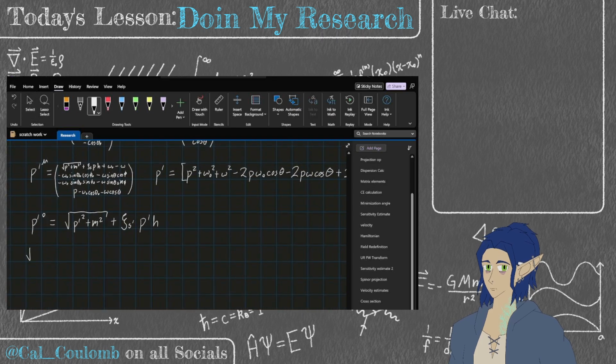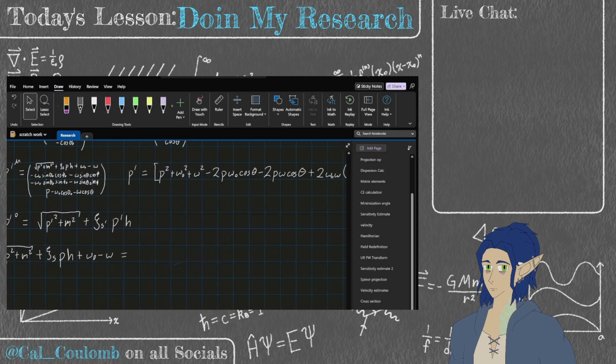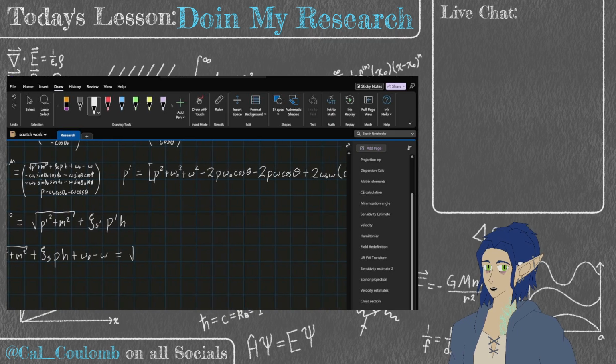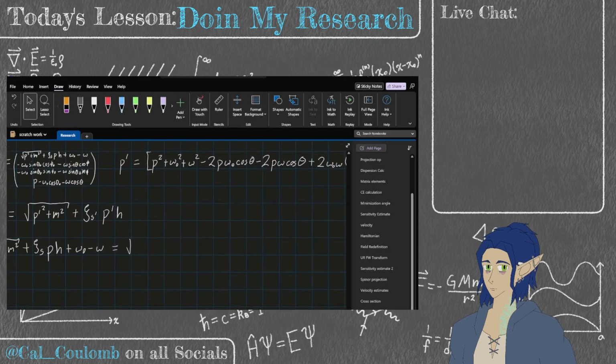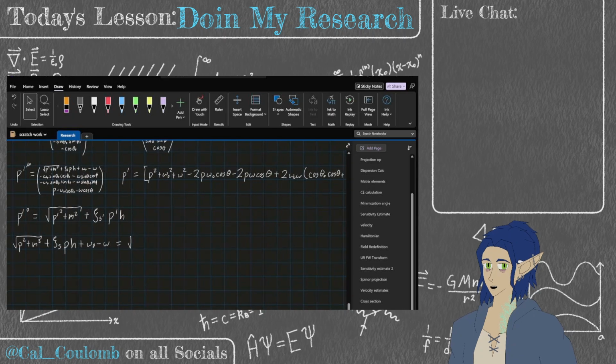So now we have p squared plus m squared plus cs p h plus omega naught minus omega is equal to the square root of p prime squared. So that's going to be this right here.